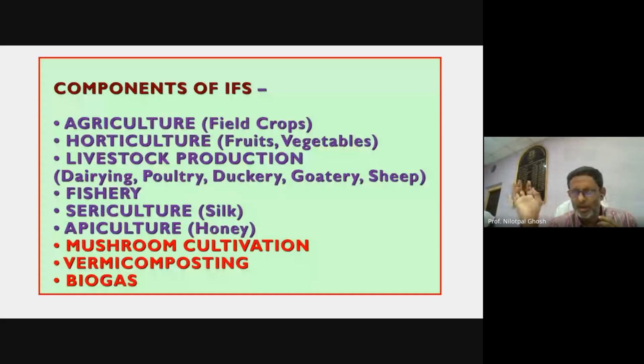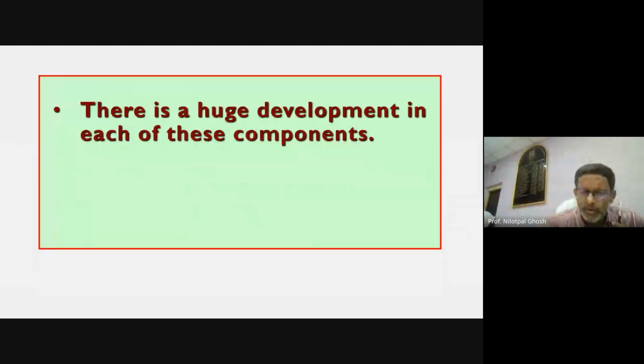Environment is a major component in the integrated farming system. We cannot do anything which can harm our environment. So these are the areas which are developed, and at which level we can assess, we can elaborate individually.